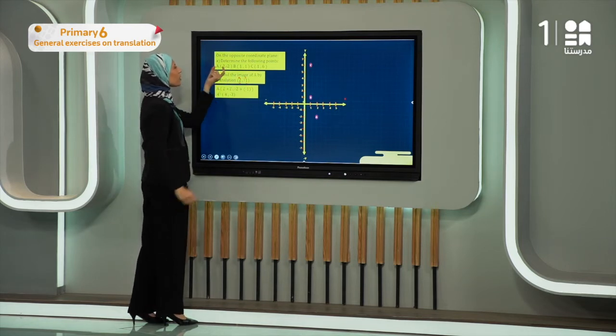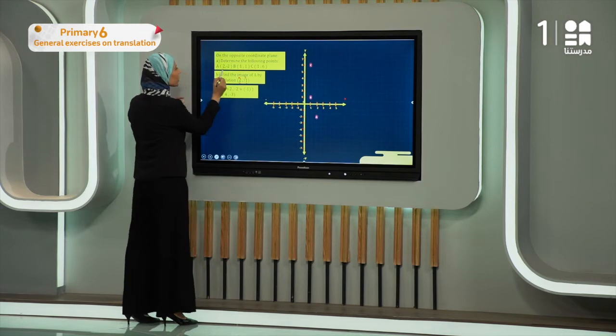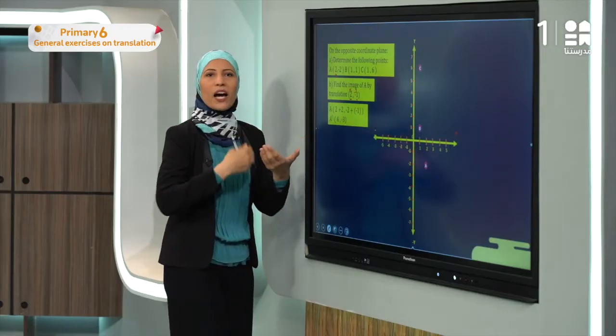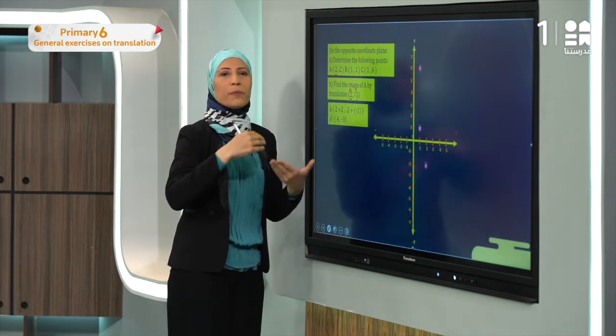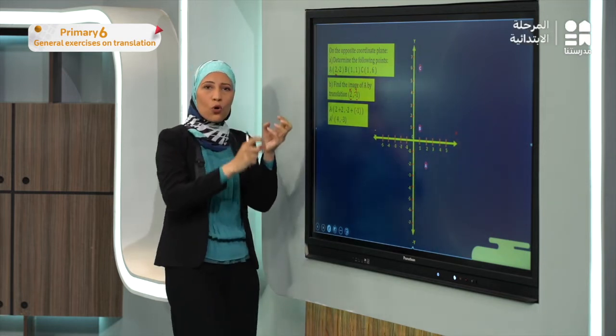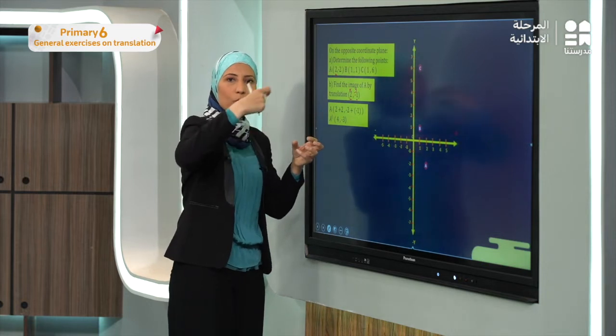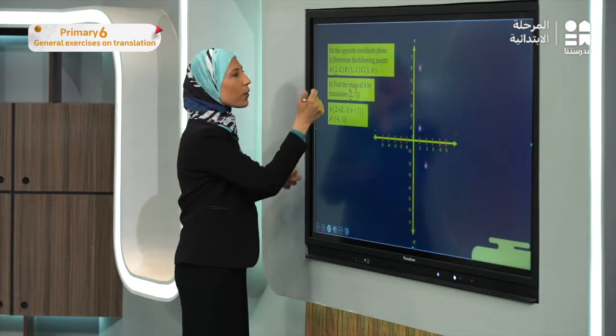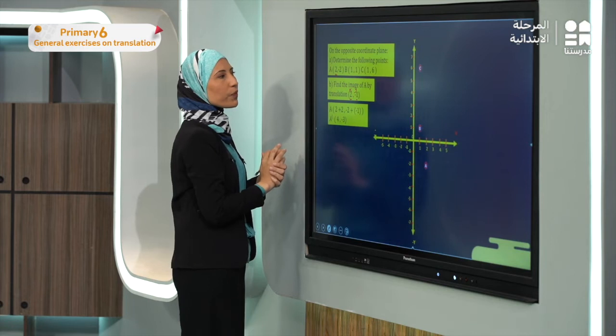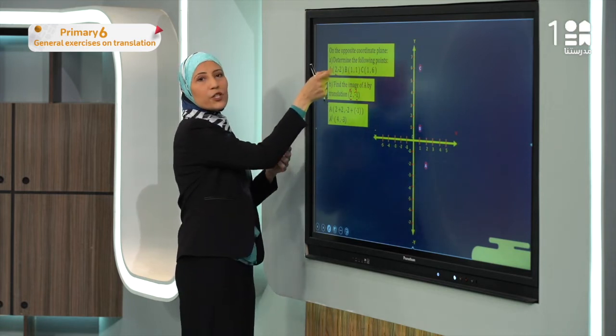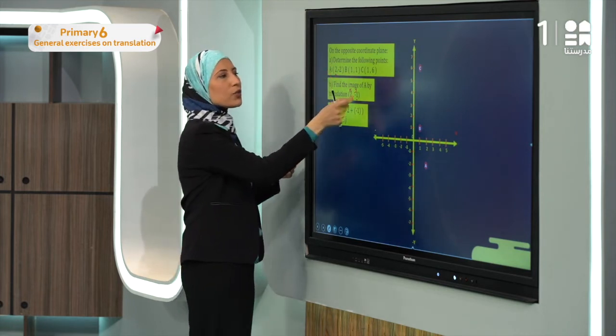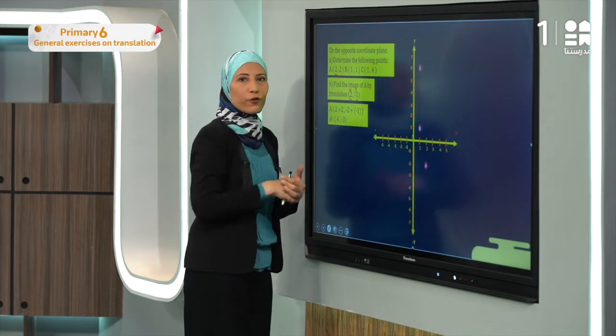I add 2 plus 2 because I have 2 in x in point A and the translation adds another 2. It means the point moves 2 distances. So I make 2 plus 2. In y, negative 2, I add negative 1 to find my image.